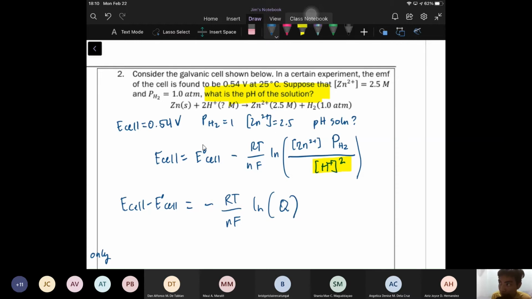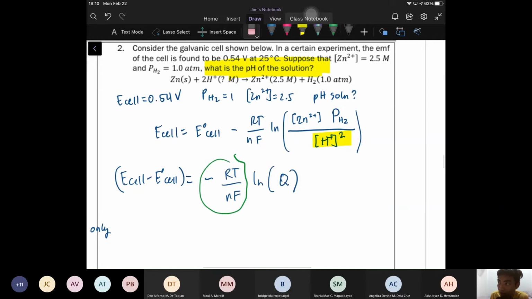You have your E cell, E not cell, nalipat mo na sa kabila by subtracting it to this side. Then ano gagawin mo? Etong term na to, i-cross multiply mo sa kabila. Algebra lang. So, ln Q dito na lang sa right.